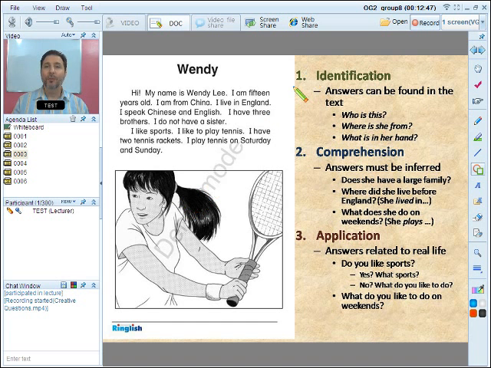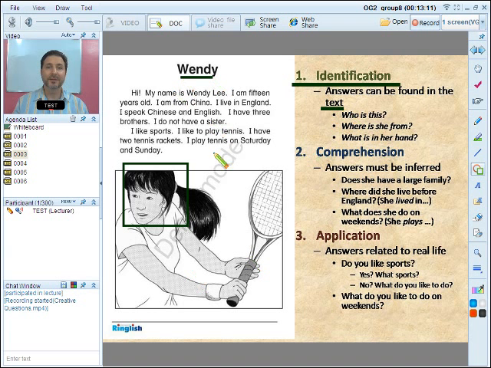Now, what you can do as a teacher is use identification questions to get the student's mind on this material. So for example, you could say, who is this? Now the answer can be found in the text.